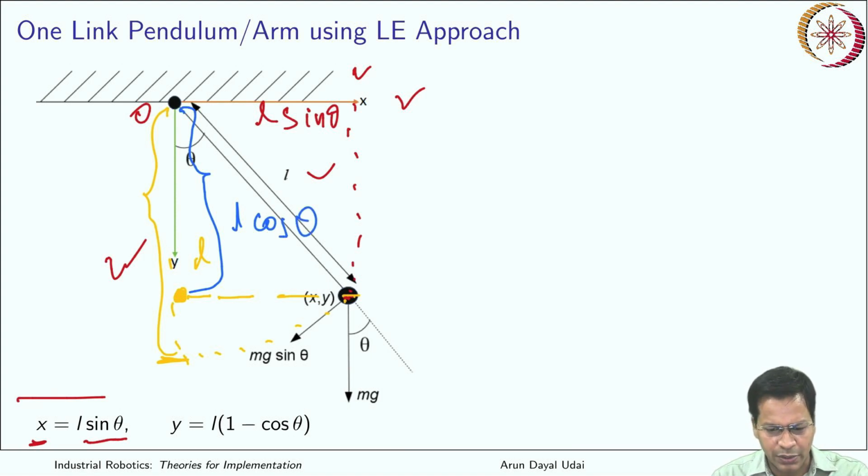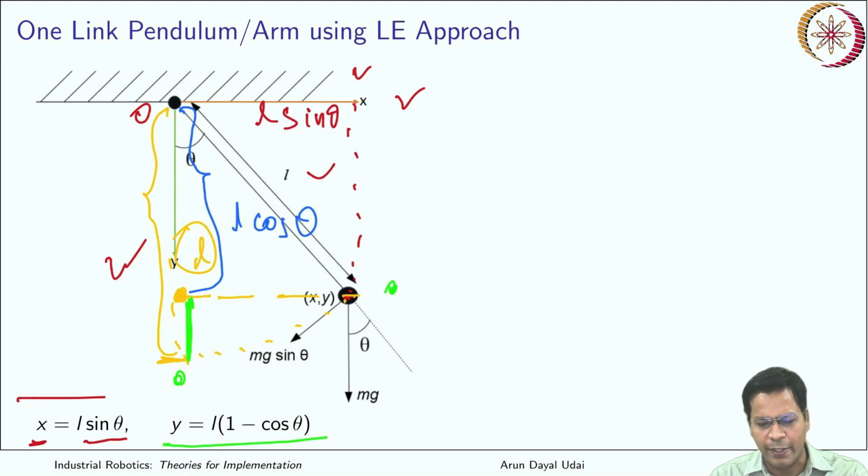So total was L, and L minus L cos theta is the displacement it has done. So the y displacement is given by L (1 minus cos theta). This is how it is derived. That is your y, this is your x.